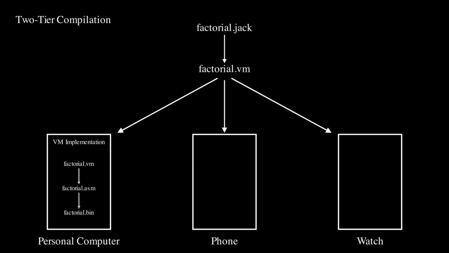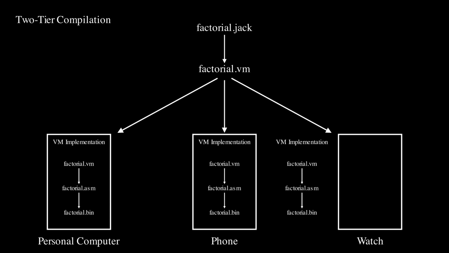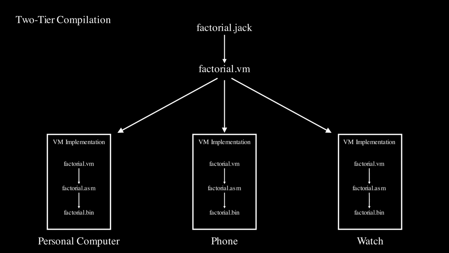Platform independence also made it easier for new platforms to support the language with a 2T compilation process. This is because a new platform only needed to implement the VM machine or compatible runtime environment that can translate the platform-agnostic intermediate representation generated by the first tier of the compiler.